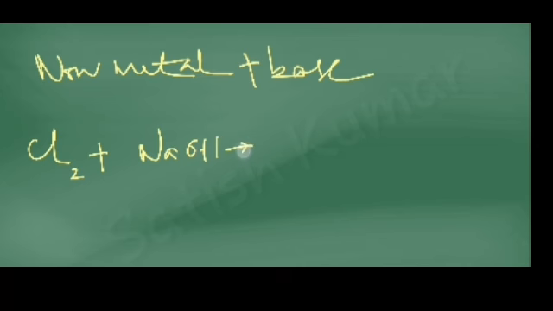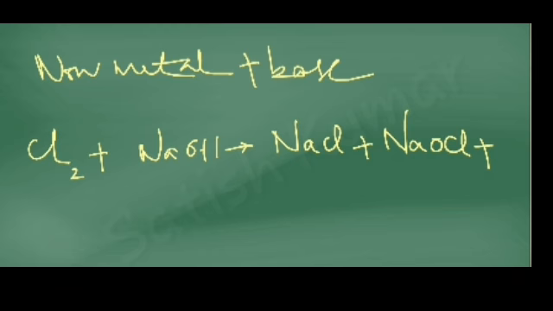What will happen when a non-metal reacts with a base? For this, non-metal plus base, I want to give you one example: when a non-metal like chlorine reacts with a base like sodium hydroxide, you will get sodium chloride and sodium oxychloride or hypochlorite plus water.